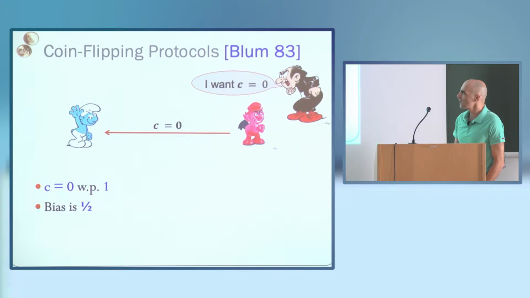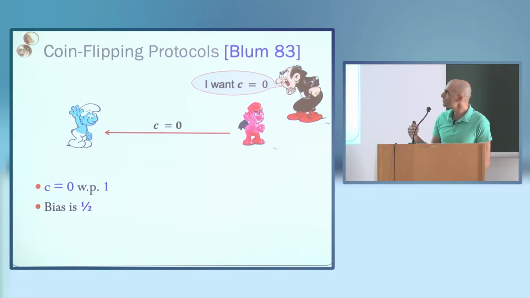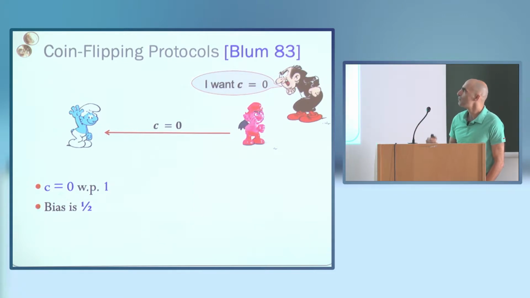And we say that she has a bias of 1/2, because she can shift the distribution on the output by 1/2 from being uniform.